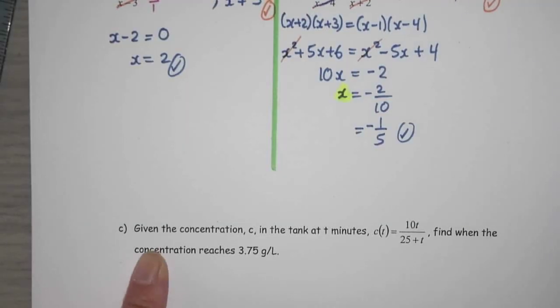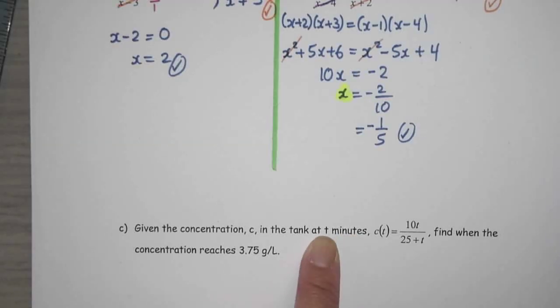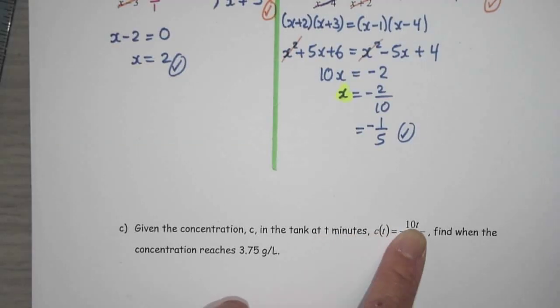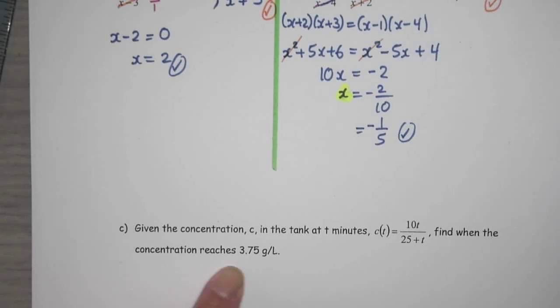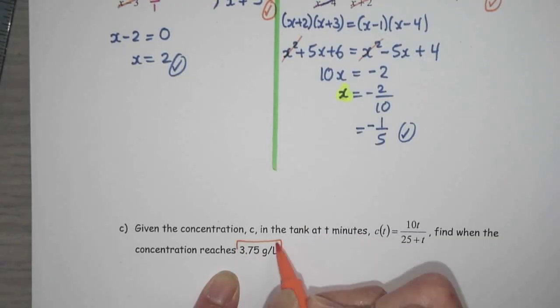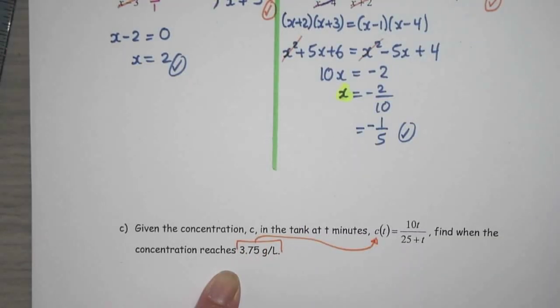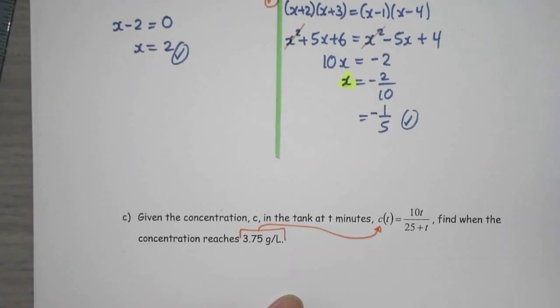Read this. Given the concentration C in the tank at T minutes, this is the equation, find when the concentration reaches 3.75 grams per liter. So this 3.75, this is going to go into the concentration, and we're going to solve it.